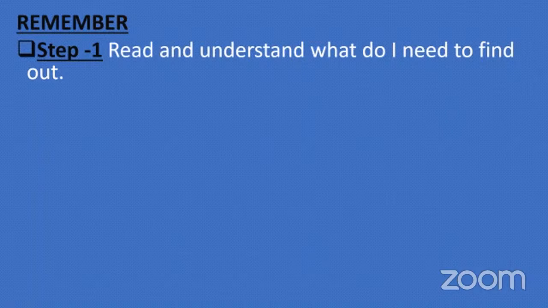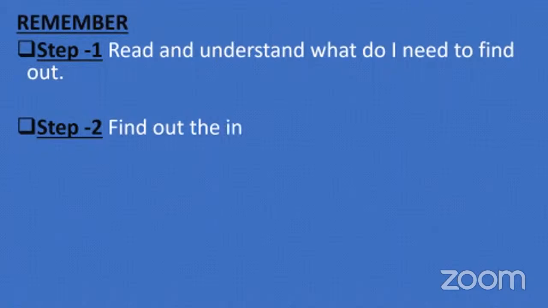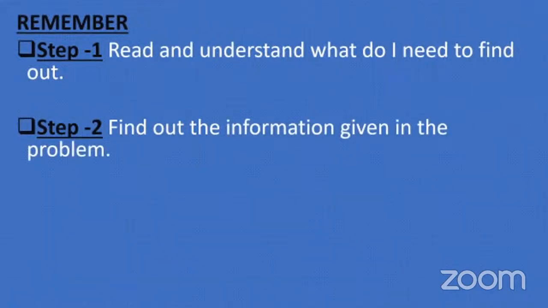First read the problem and understand what you have to find out. Then the second step. Find out the information given in the problem. We have to find out what information is given in that problem.